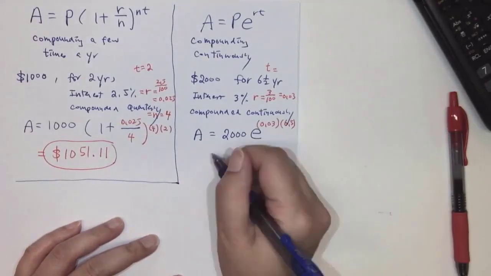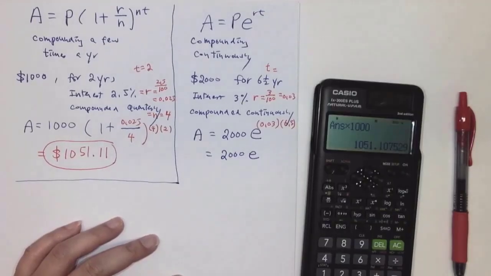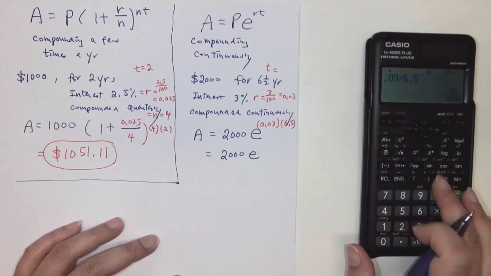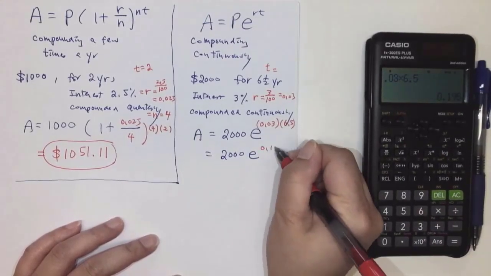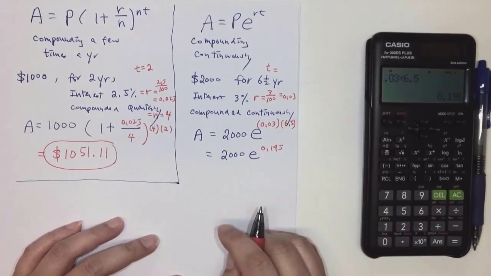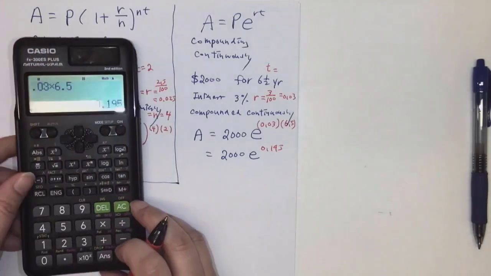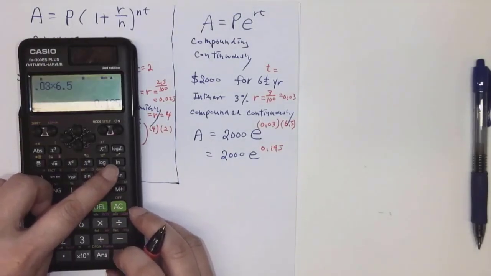For me, I will do the exponent part first. 0.03 times 6.5 is 0.195. Where is my E? E is on top of ln. E is the natural number, related to the natural log.